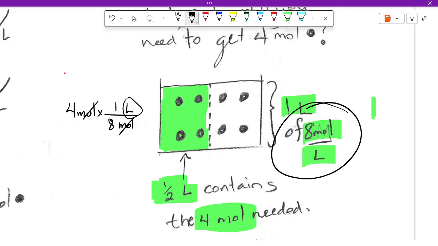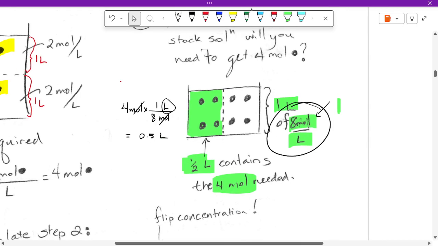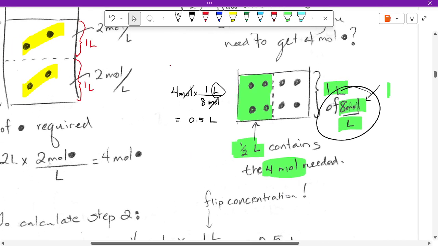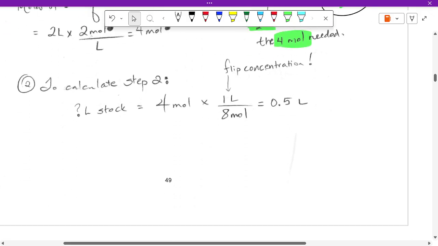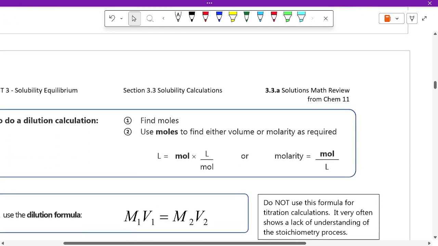And all I do with this is I take it and I turn it upside down. And that gives me 0.5 liters. So you can see how that math works there. This just shows the math that we just did. Let us try something else here.